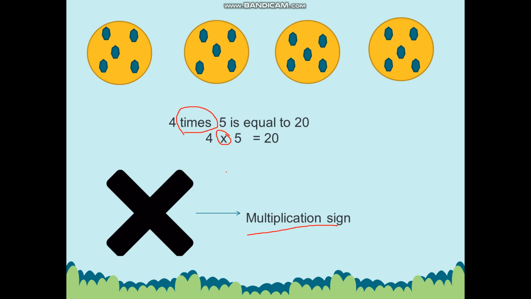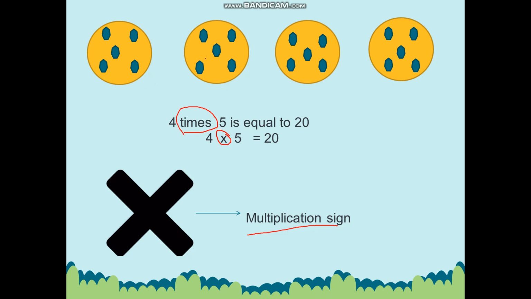In the previous slide you have seen that we added 5 four times to get the total number of choco chips. In this, instead of writing 5 four times, we have just written the number of times it occurs.